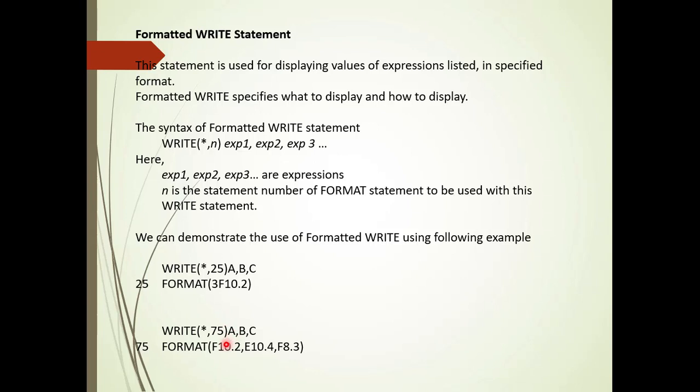In that case, for A it is decimal, for B it is exponential, and for C it is again decimal, with 10 spacing, exponential 10 spacing, and 8 spacing for C.